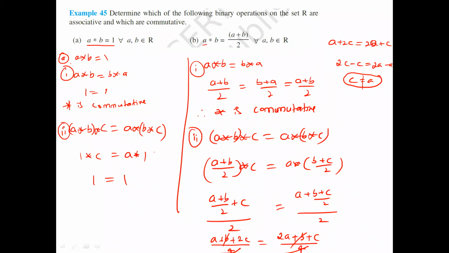Both are not equal. Therefore, star is not associative in the second one, where A star B equals (A plus B) by 2. Therefore, star is not associative. Please note down. Okay, move to the next slide.